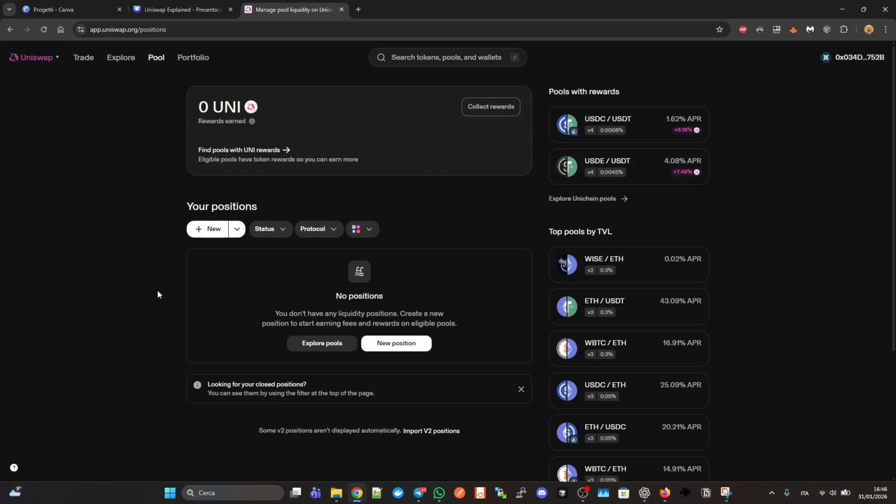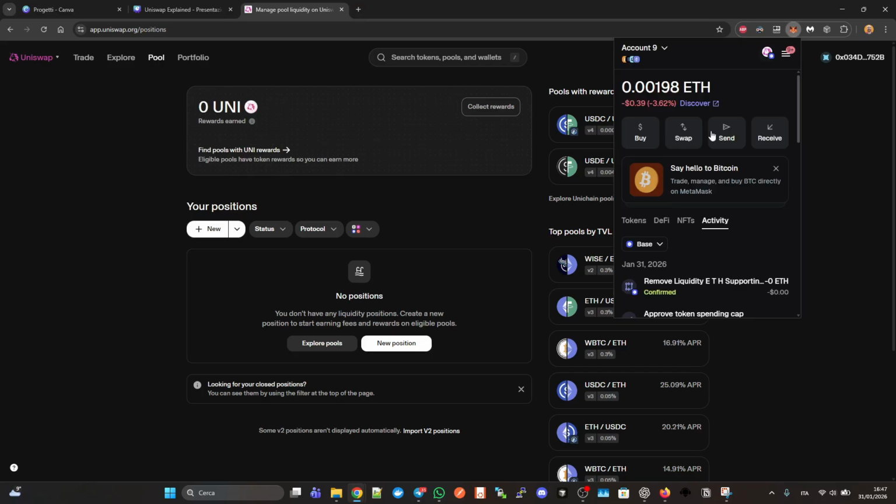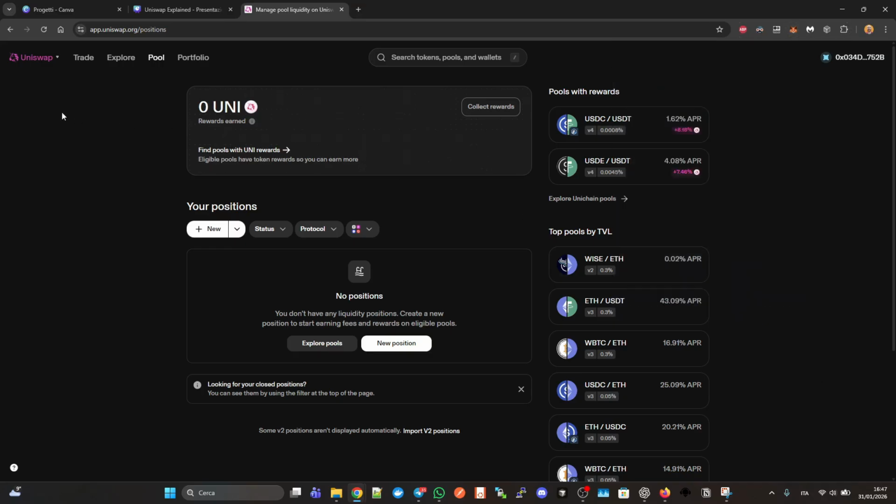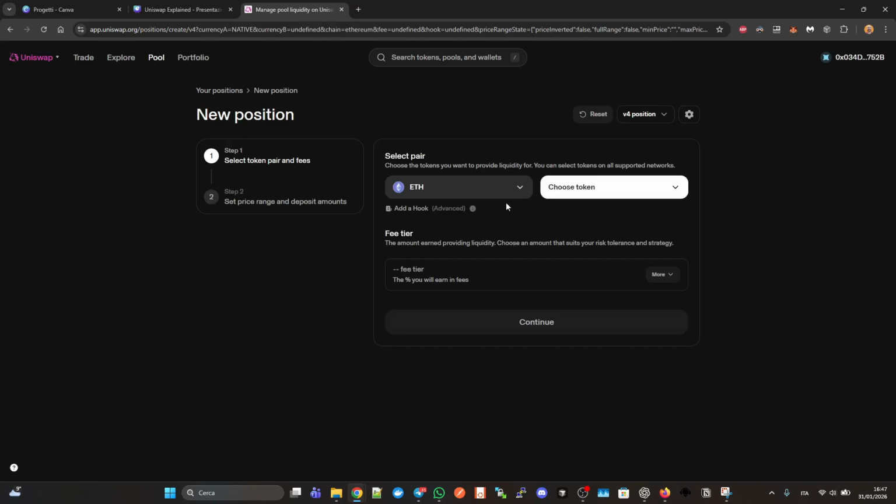So, of course, now we have held the position for too short a time, so here it has not matured any interest, but of course we should gain from the trades, that 0.3% of course for our part of the pool for each trade. I wanted to check, okay, here it seems we have still all our money. Let's try to create a new position, this time with Uniswap V3.